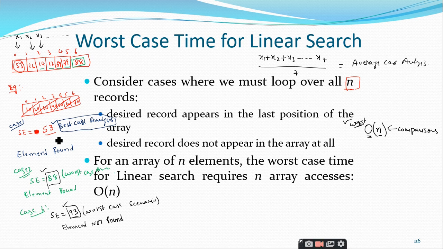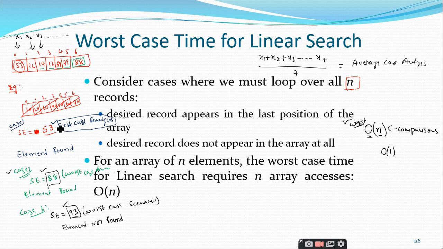For example, if you consider the case 1, 53 is compared with the first element 53, the element is found. So how many comparisons have you made? Only one comparison. So the best case in this case is big O of 1. Let me take case 2 where the search element is 88.